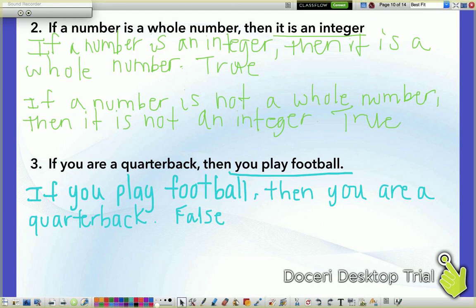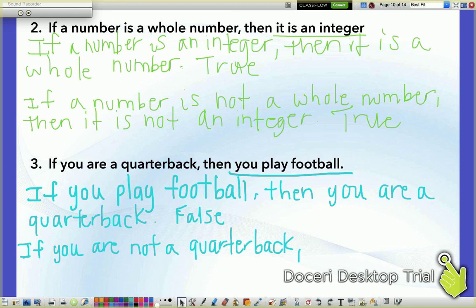All right, so we're going to write the inverse. If you are not a quarterback, then you do not play football.